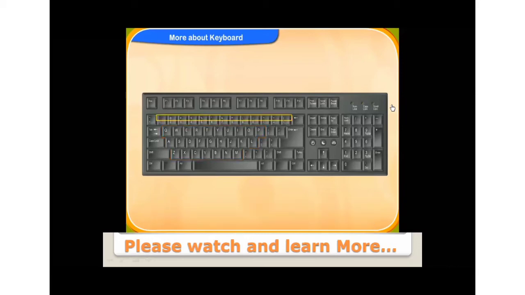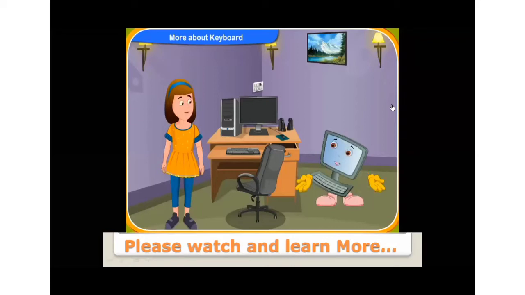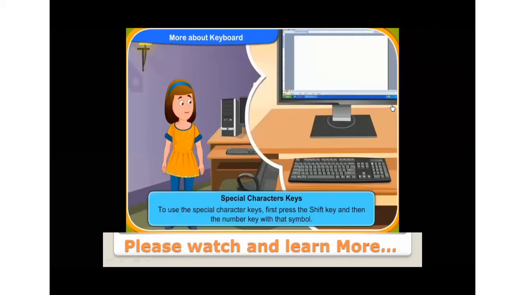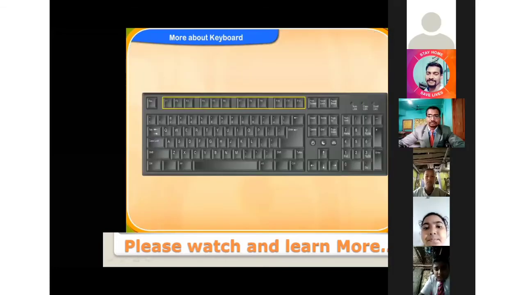They have special signs or symbols on them. How can we use these keys, Kiko? To use these symbol keys, we have to press the shift key and the number key with that. What are these keys on the very top row of the keyboard? They are function keys. These keys are used.